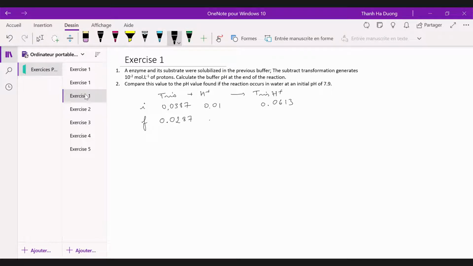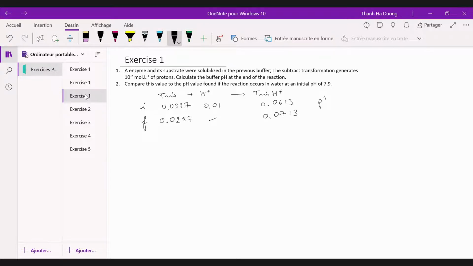Here all the protons have reacted, so there's no more proton. And all the acid becomes the tris H plus. So it's 0.0713. So we have the final concentration of each component of the buffer, tris and tris H plus.